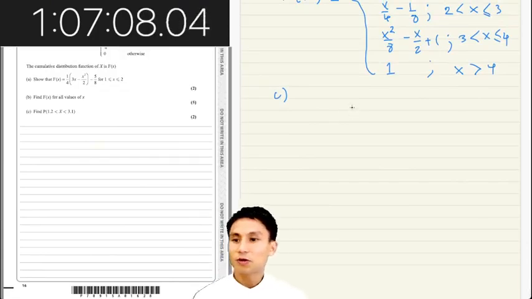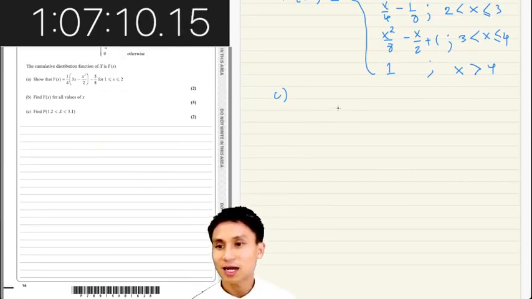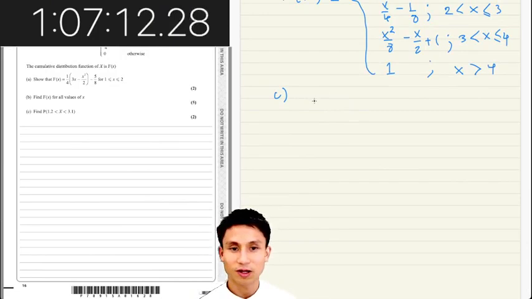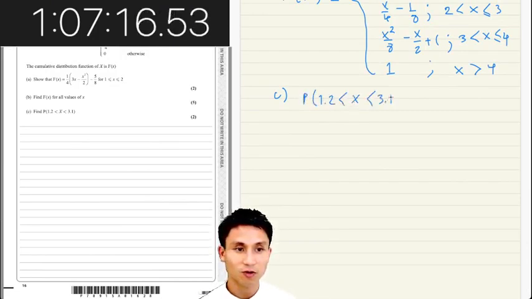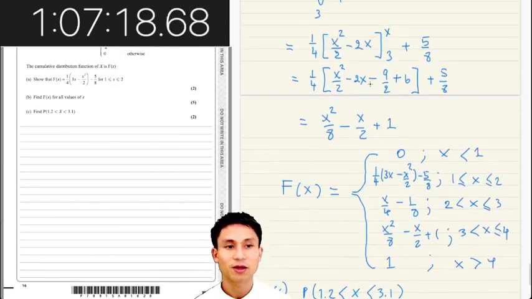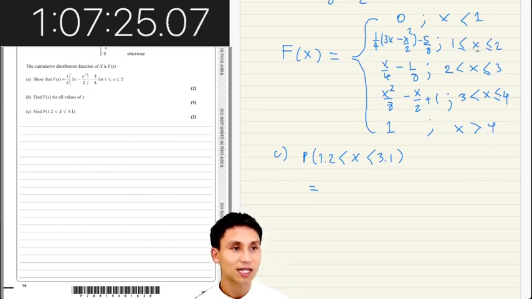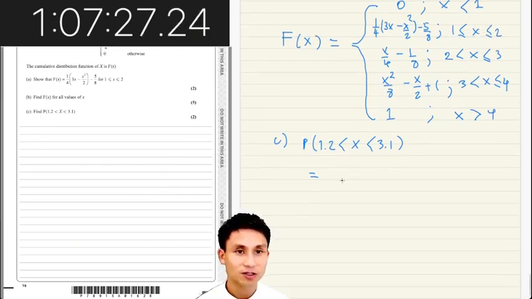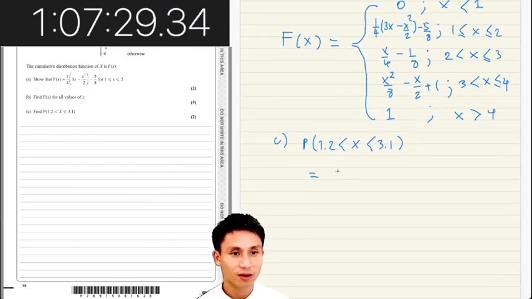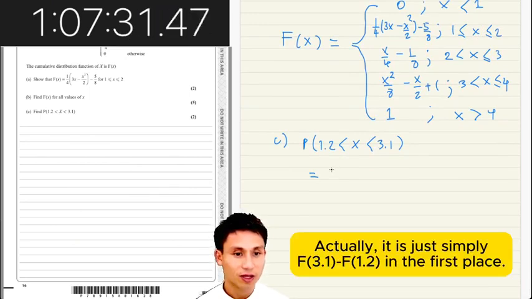Find P of 1.2 less than x less than 3.1. Okay, so P of 1.2 less than x less than 3.1 would be equal to, well, look at the cumulative function here. We're going to start from 1.2 to 2 first, so it's in that domain first. So we're going to do f(2) minus f(1.2) first.